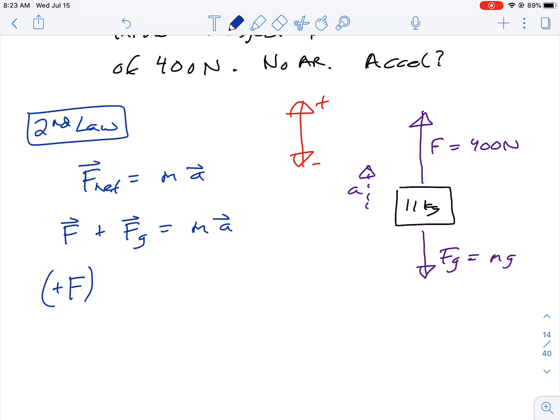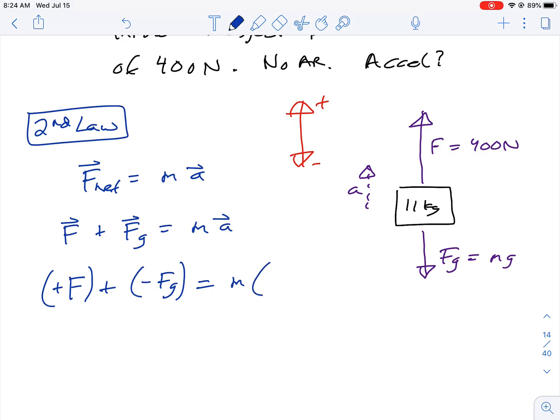Magnitude F, direction positive. Let's do the same thing for Fg. Fg, the magnitude would be Fg with no arrow on the top. The direction is going down, so it'll be negative. Magnitude, direction. M is a scalar, so forget about that.